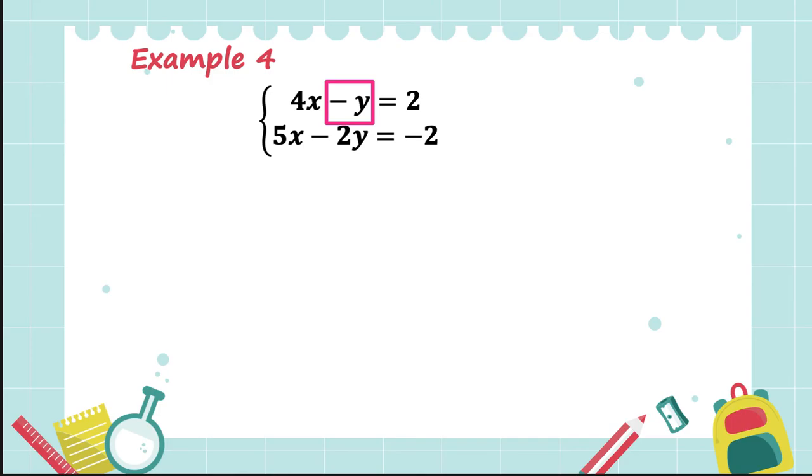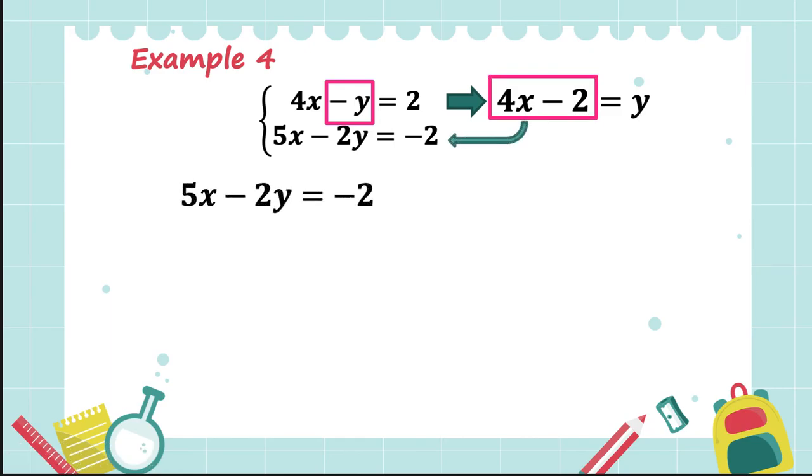So to easily locate on what equation are you going to use, look for a variable whose numerical coefficient is 1 or negative 1, so that you can easily express the equation in terms of either x or y. Okay, so if I'm going to transpose negative y on the other side of the equation, it will become now 4x minus 2 equals y. And then I will be using the second equation here.